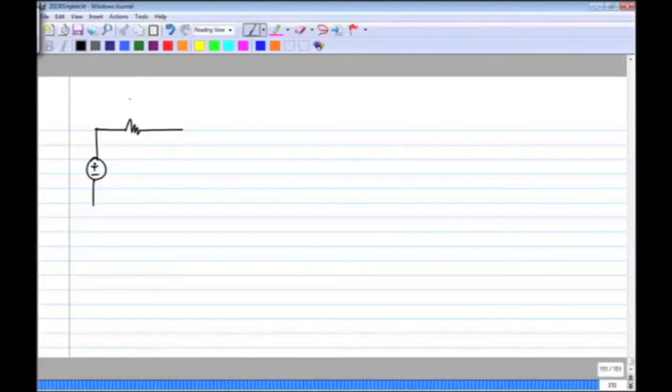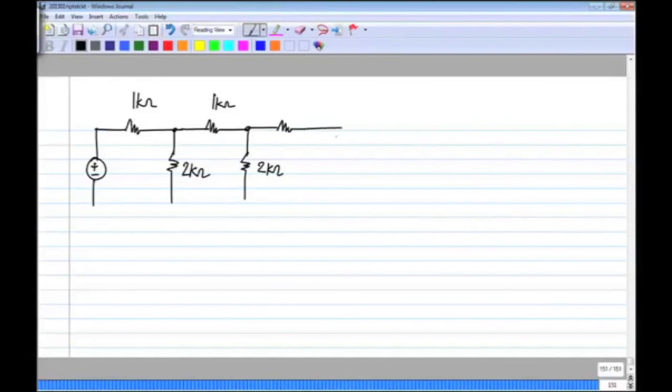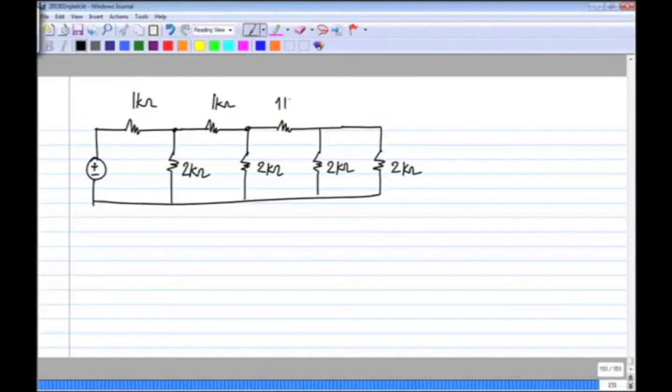I will take a very simple circuit. Let's say it has a single source, 16 volts.